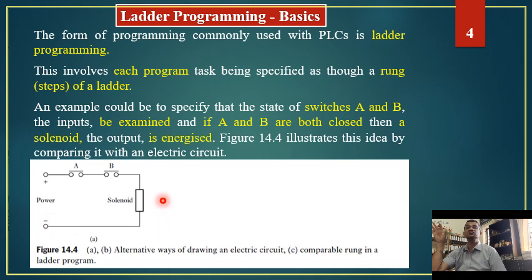Note that there is only one path for the flow of current. There is no second path. If there is only one path for the flow of electric current, then such circuits are called series circuits. So obviously we know that when two switches are connected in series with each other, unless switch A as well as switch B are closed, the circuit will not be closed.